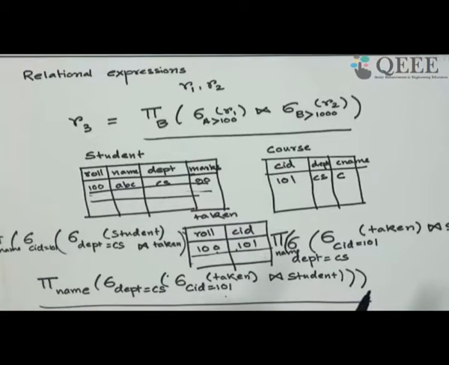So what I'd like to do is to give you an exercise. For example, with the student, course, taken tables, I would like you to write an expression which will find the names of all the students who have taken any CS course, that is, any course offered by the CS department.